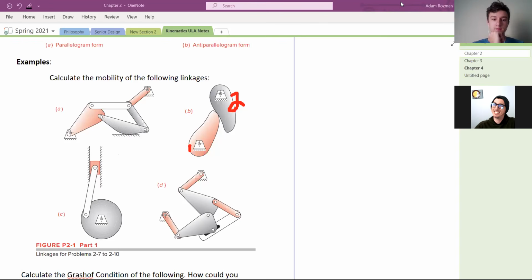Okay, so 2 of those. There's no links, right? Or, well, I guess if it doesn't have a pin, it's not a link, correct? These are still considered links. Okay.